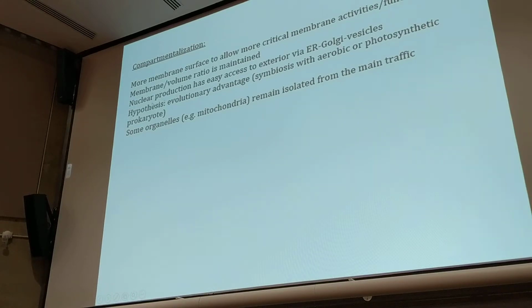By having compartments, everything that is produced in the nucleus has very easy access to the exterior through the endoplasmic reticulum, which we will call ER, the Golgi apparatus, and the vesicles that are sorted to the external surface, or to the plasma membrane and to the exterior of the cell.